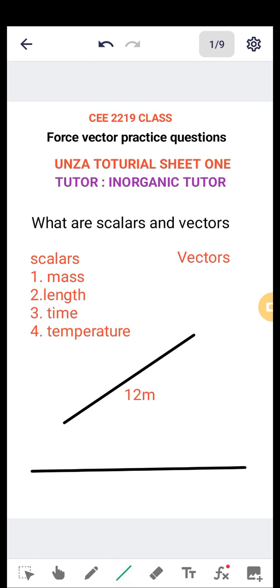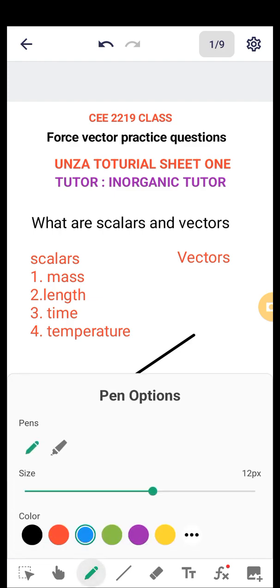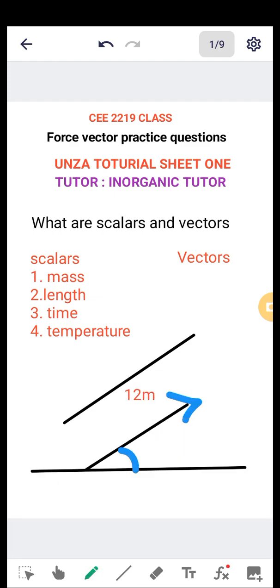Let's consider that our force is coming in that direction. So this is our force. Now this force, as you can see, is at an angle from the reference axis. The reference axis, I mean this one, is at an angle.